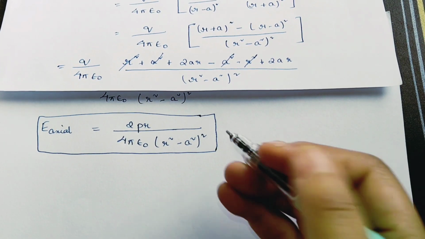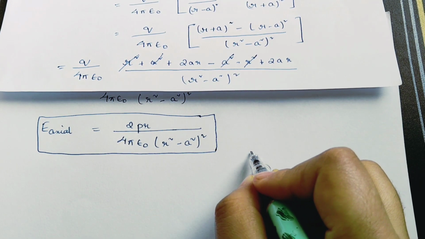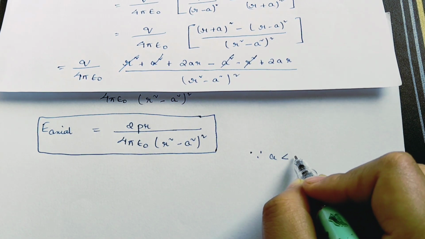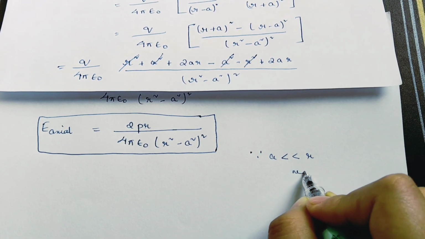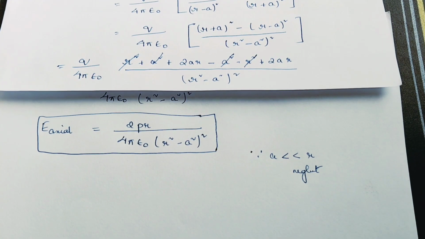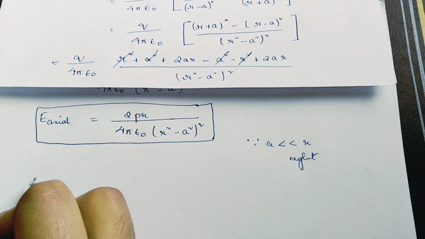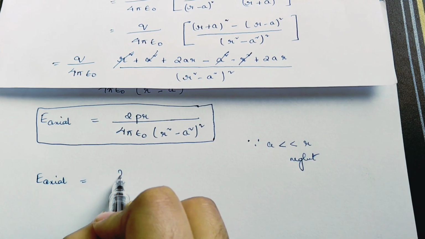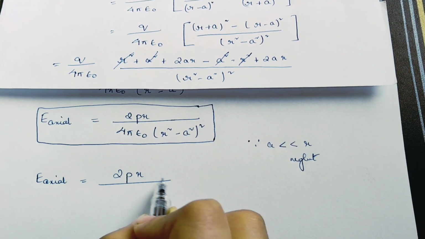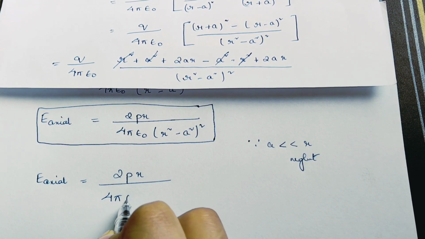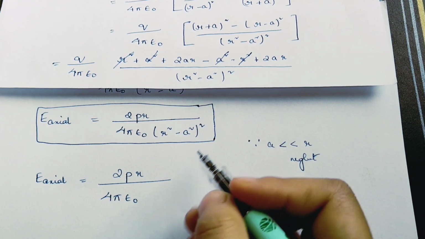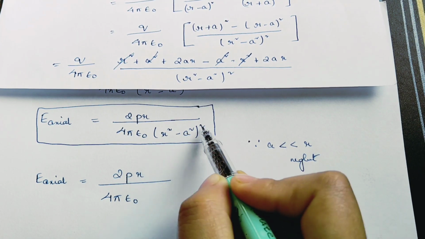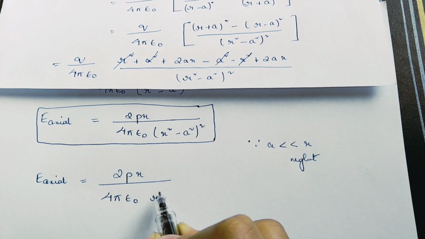We can finish our equation here, or we can also proceed with the case when a is very small compared to r. In that case, we can neglect the value of a. So E axial is equal to 2pr divided by 4 pi epsilon naught r to the power 4.